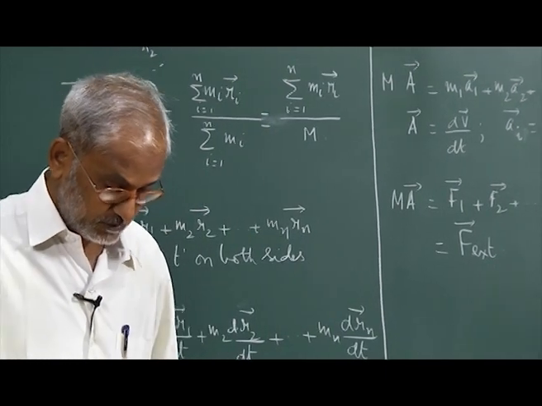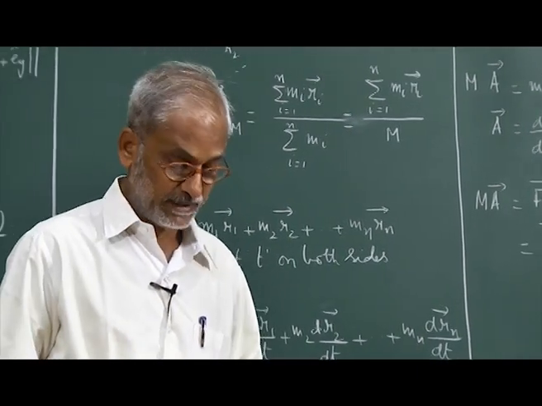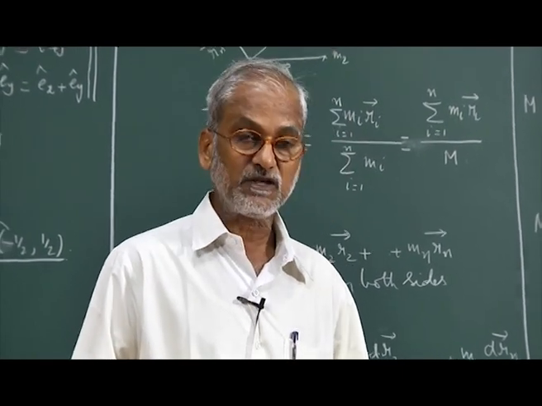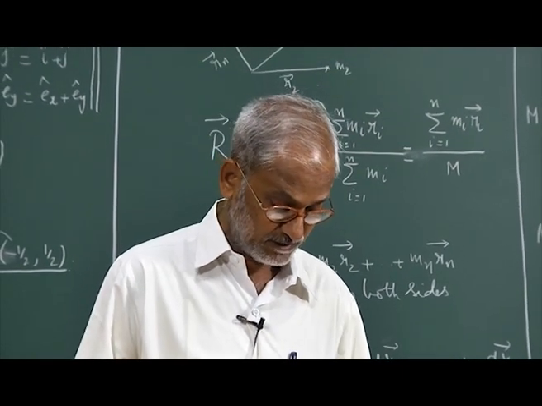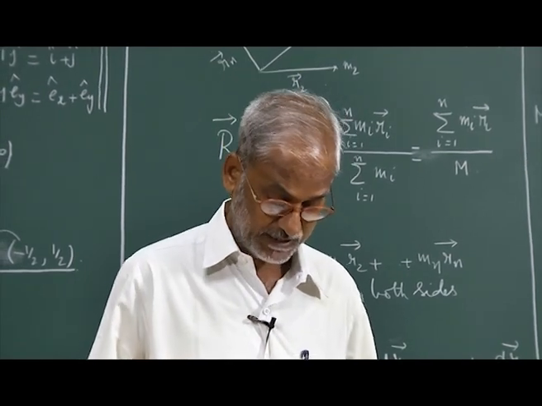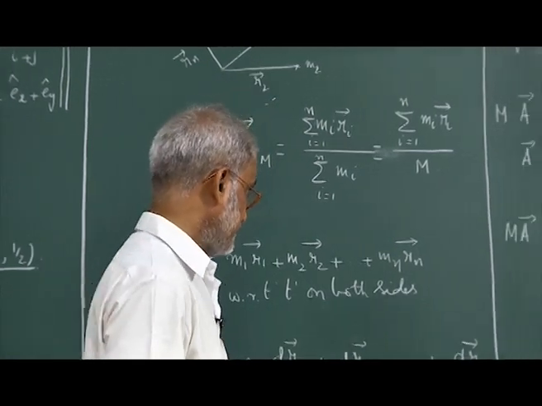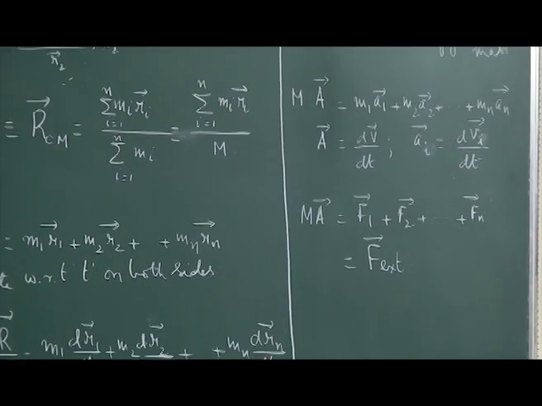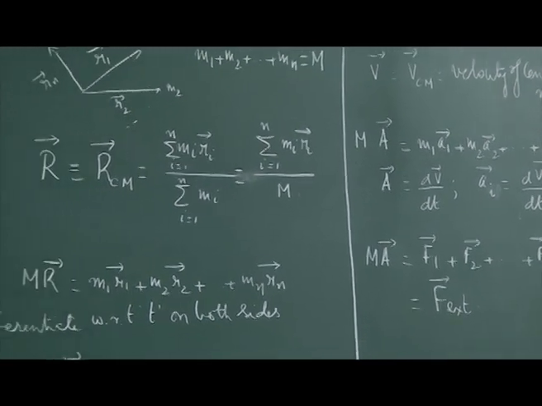And so the center of mass of a system of particles moves as if the entire mass of the system is concentrated at the center of mass and all the external forces were applied at that particular point. So what you have is this situation, let us say that we have here a scenario.